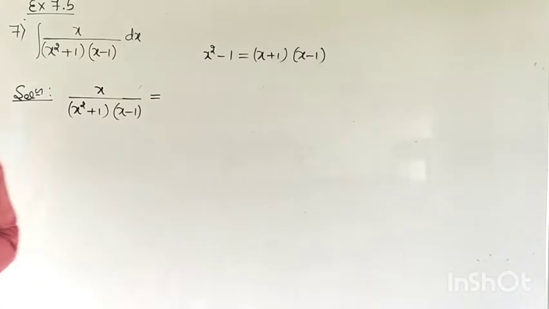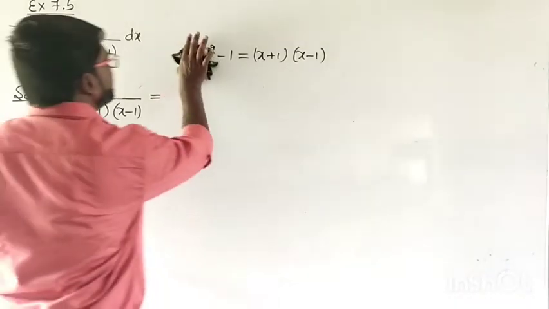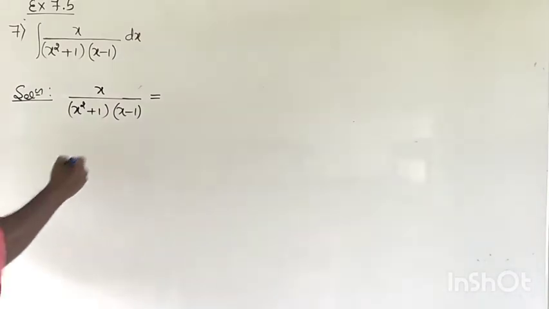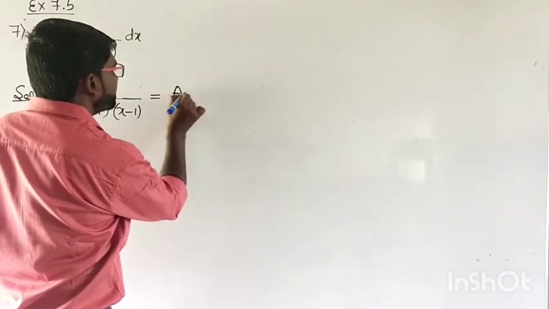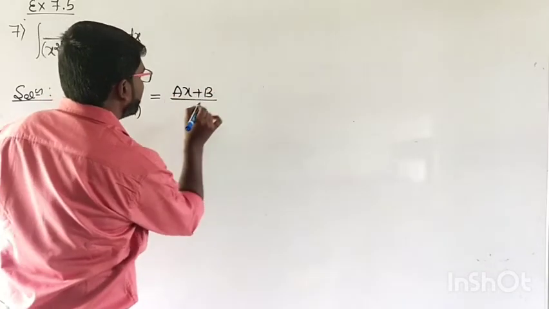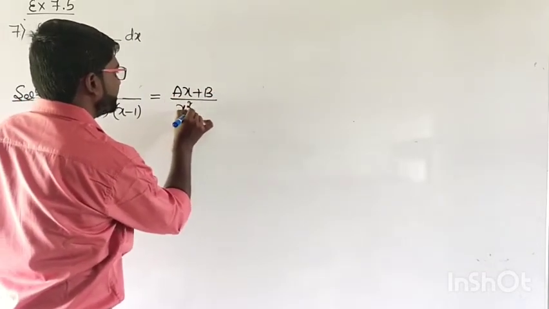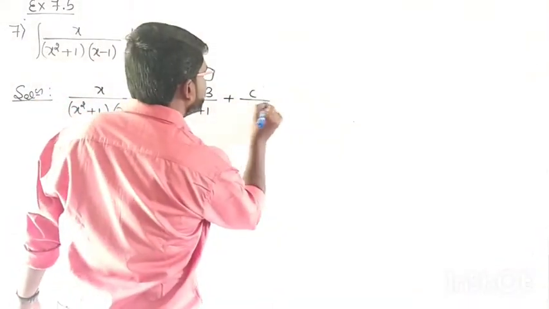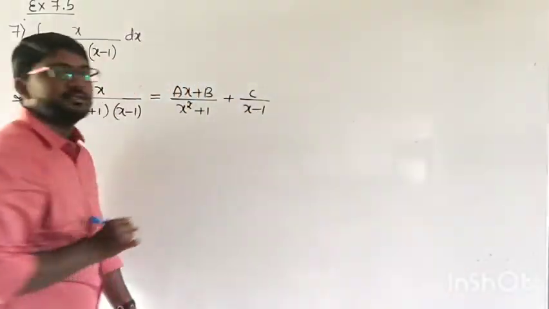So that is why I take sum of the two terms, ax plus b divided by x square plus 1 plus c divided by x minus 1.